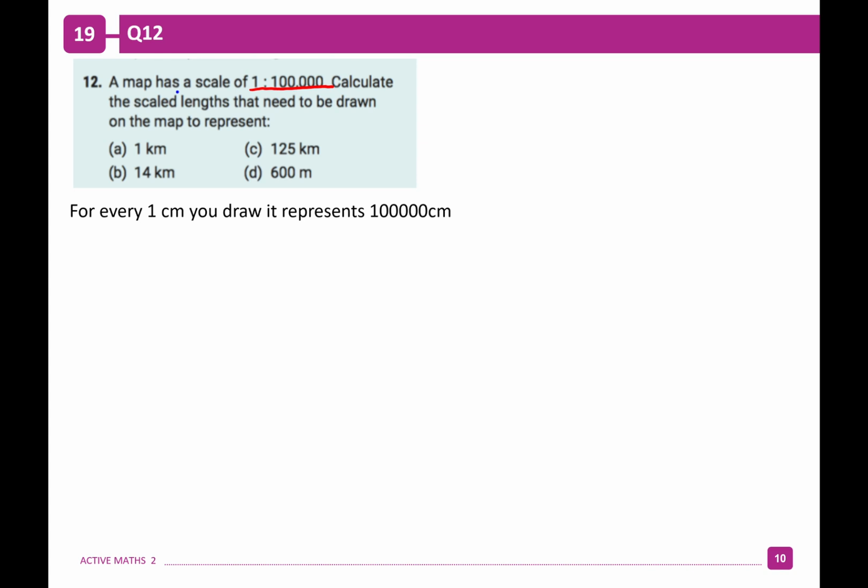1 part to 100,000 means that for every 1 centimeter you draw, it represents 100,000 centimeters. So when we want to find out the scaled lengths that need to be drawn for each of the given distances, we need to convert our units from kilometers into centimeters.